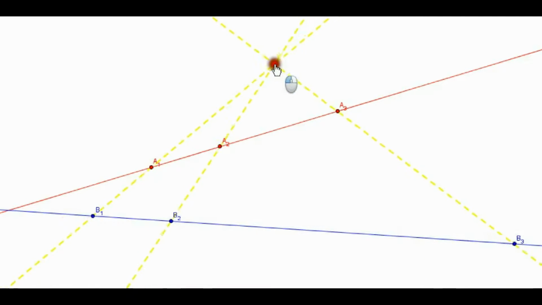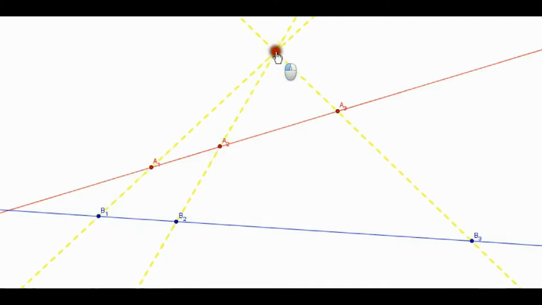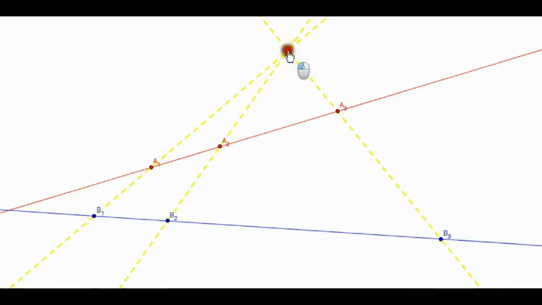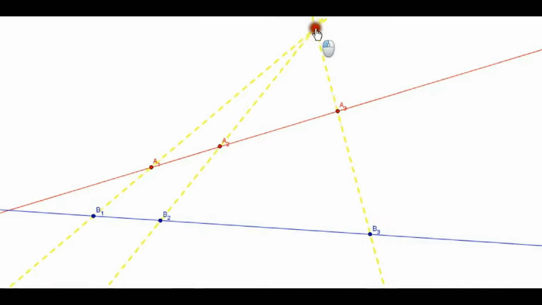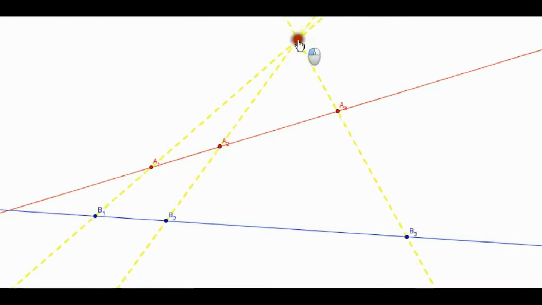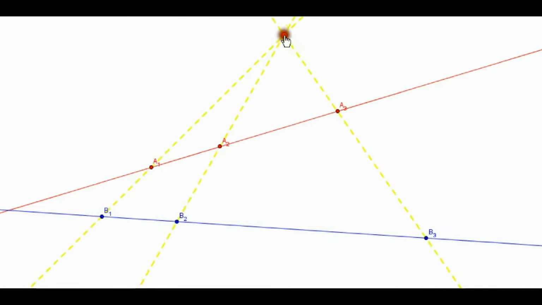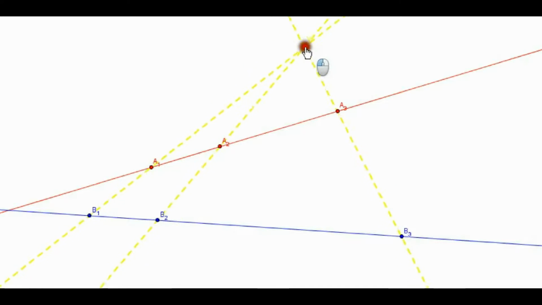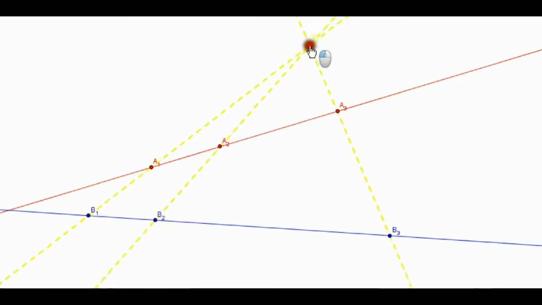This is a kind of perspective which has a point, which is done through a point, a so-called centre of perspectivity, this yellow point V. And what's happening here is that we're drawing lines through V, and we have these two objects, this red line with red points A1, A2, A3, and this blue line, B1, B2, B3. And what you're seeing here is a perspective between these two lines with respect to this centre of perspectivity V.